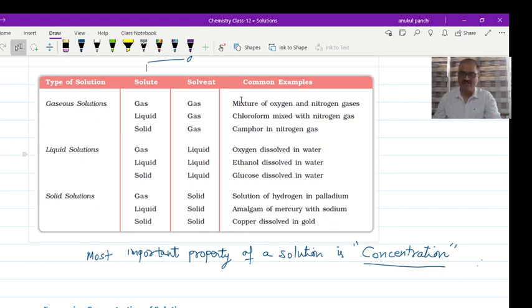When we mix two gases together, that is a mixture of this kind. Then liquid in gas, chloroform mixed with nitrogen gas. Solid in gas, camphor in nitrogen gas. Gas in liquid, oxygen dissolved in water. Cold drinks also have carbon dioxide gas in water.